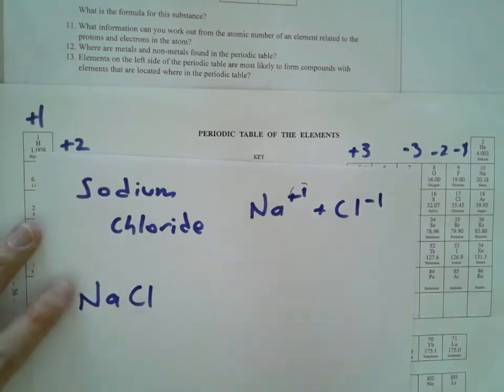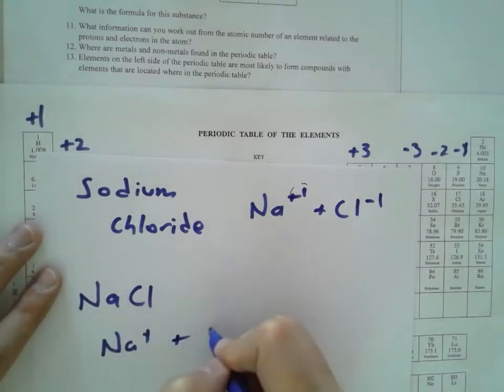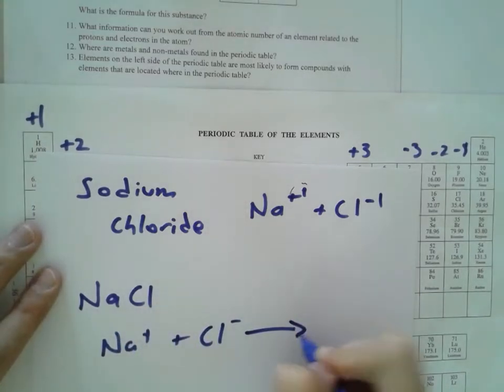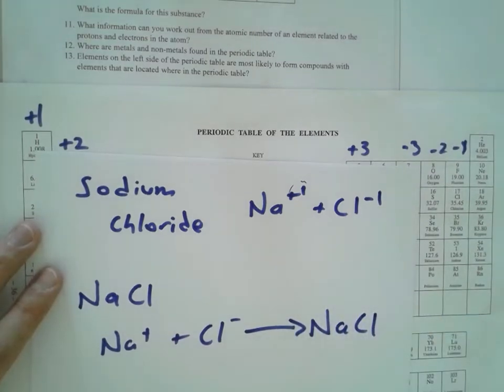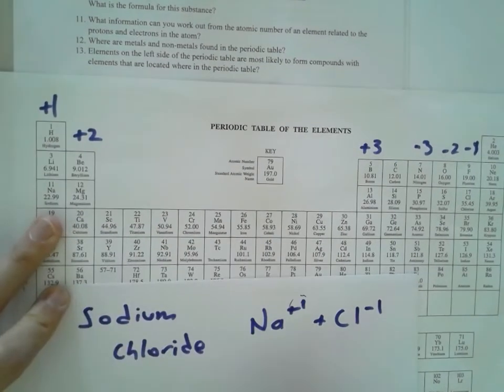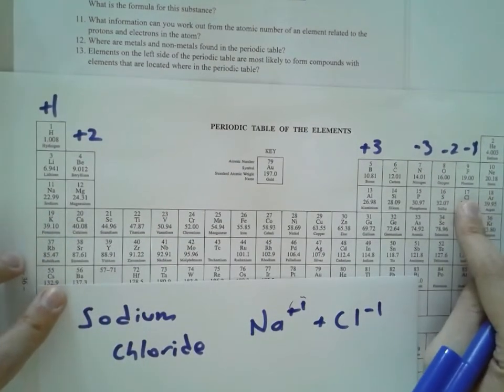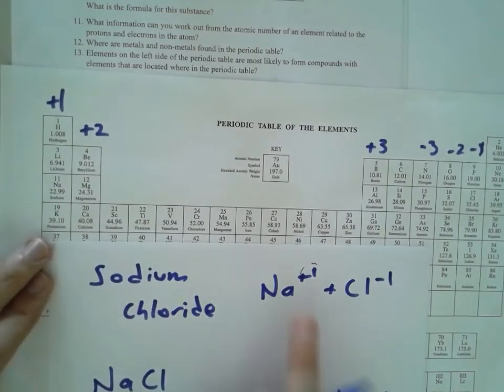In other words, let me just redraw this. Na+ plus Cl- gives you NaCl. An element on this side of the table joined with an element on this side of the table, okay? Why did this happen? You have to think of the plus and the minus.